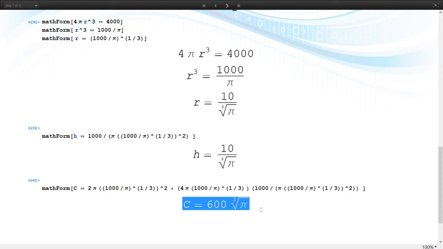But then again, we remember that this was 1 cent per square centimeter for the top. And the top is apparently, well, whatever this number is.